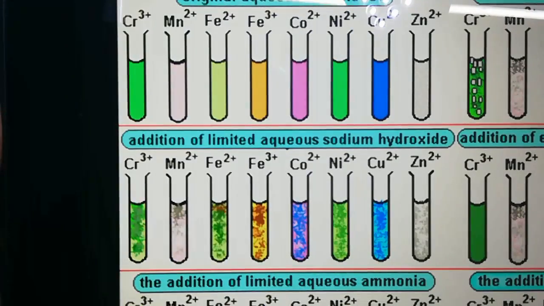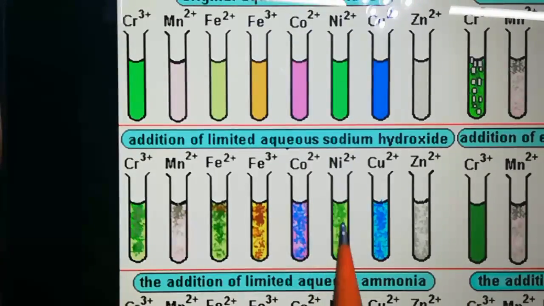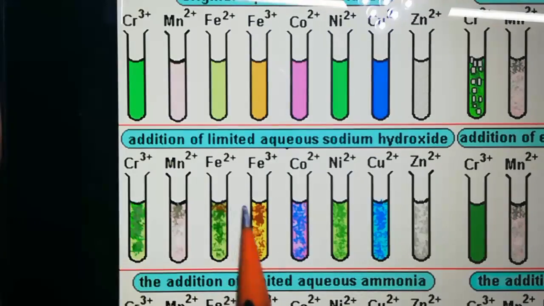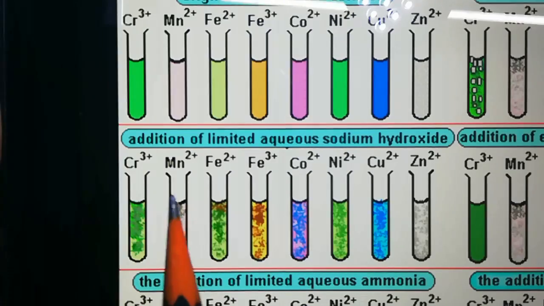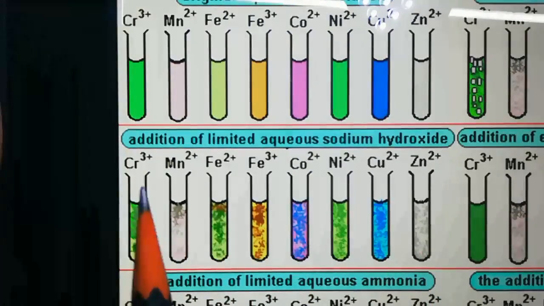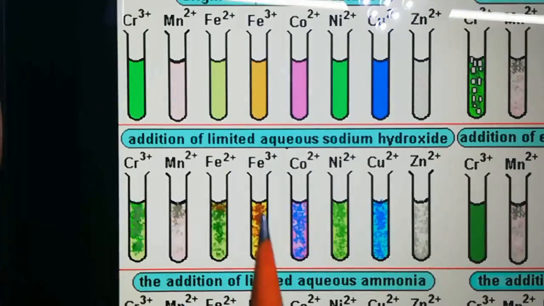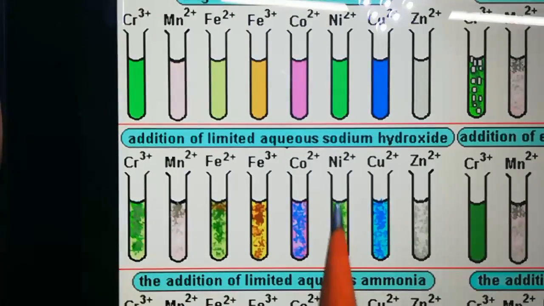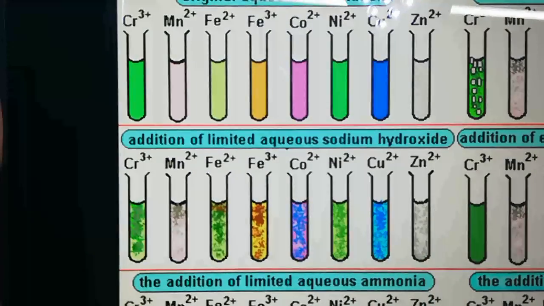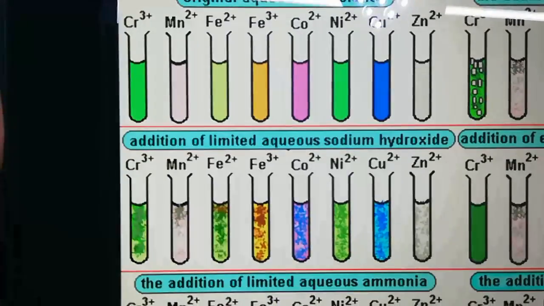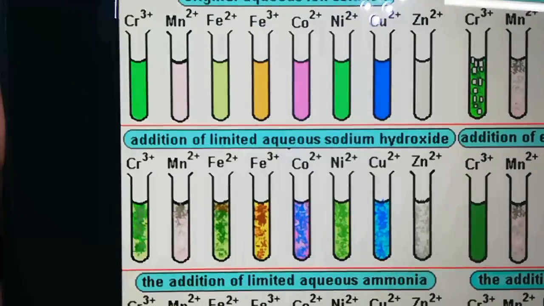There is precipitation, and in most cases insoluble substances are formed in terms of their hydroxides: chromium hydroxide, manganese hydroxide, ferrous hydroxide, ferric hydroxide, cobalt hydroxide, nickel hydroxide, cupric hydroxide, and zinc hydroxide. So in almost all these cases, you get an insoluble precipitate.